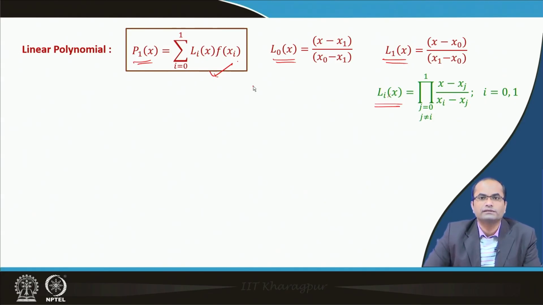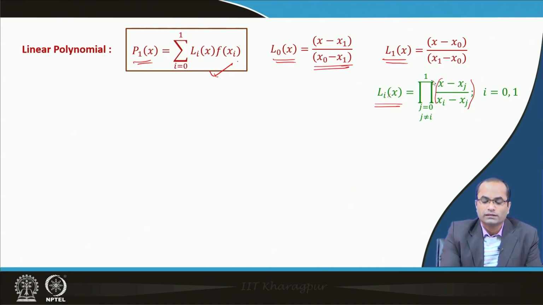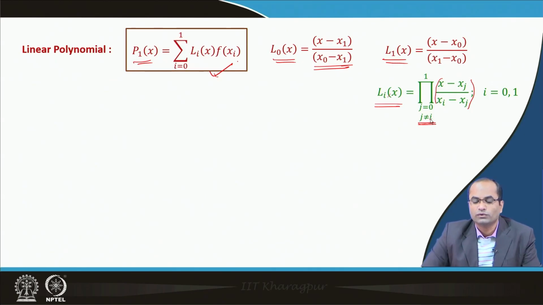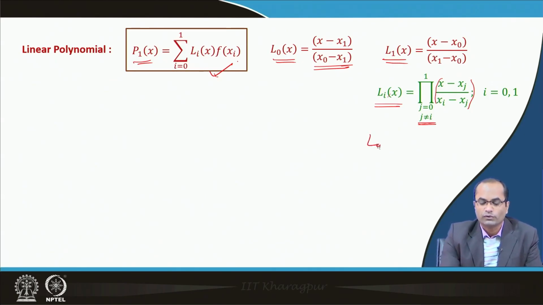We are avoiding the derivation here just to save some time, and here we have just the product. So, this term here, and then keep on doing this product, but in this case since j goes from 0 to 1 with j not equal to i, when we are talking about L0, j will not be 0, j will be just 1, and we have x minus x1 and i is 0.